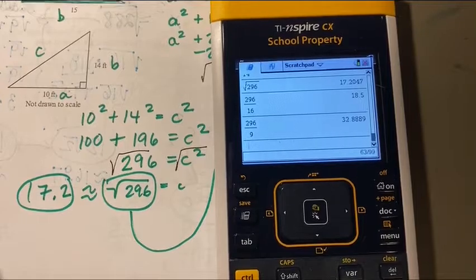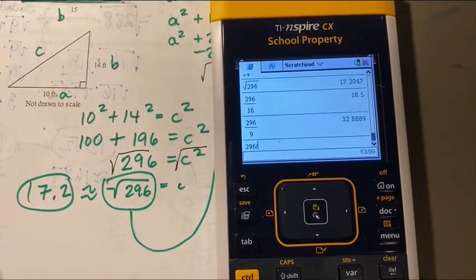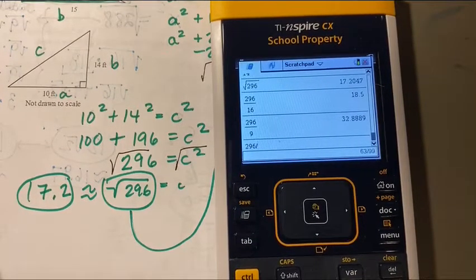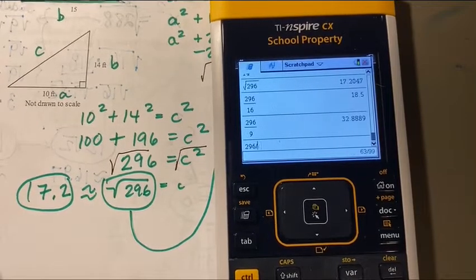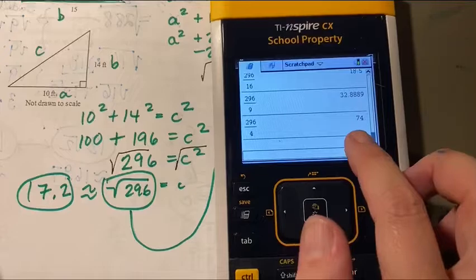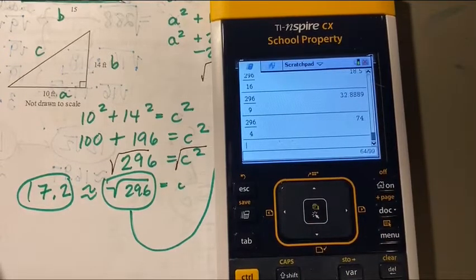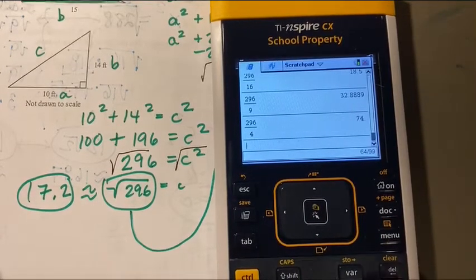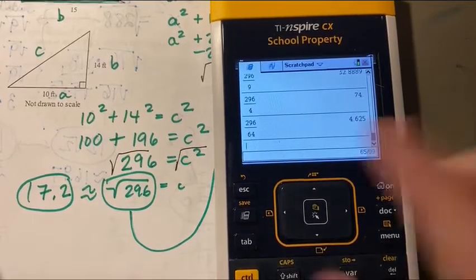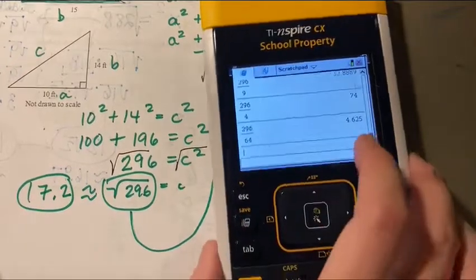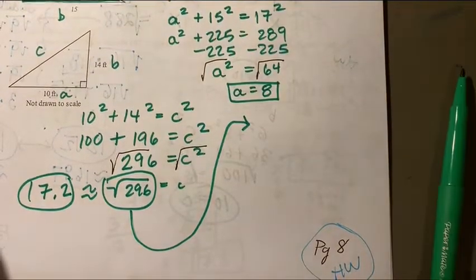What would be a perfect square? 296 divided by 4. Okay. What if I did 296 divided by 64? Decimal. Okay, so the only one I found is 4, so I'm just going to go from there.